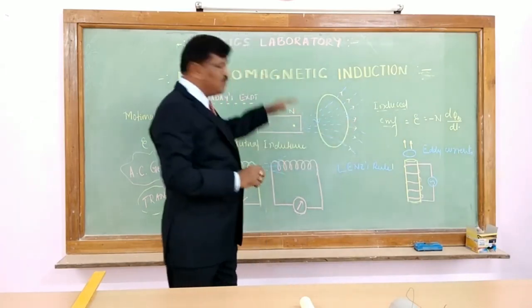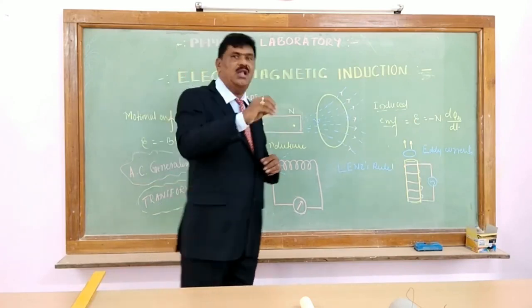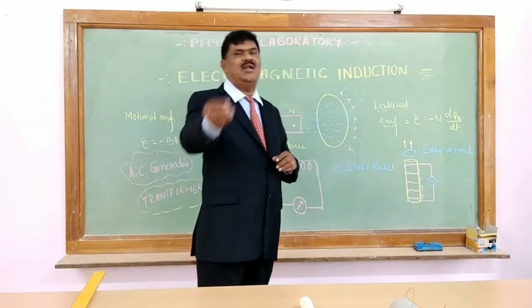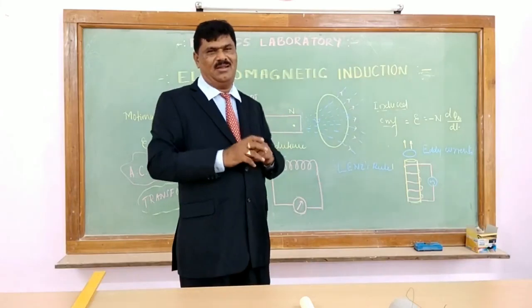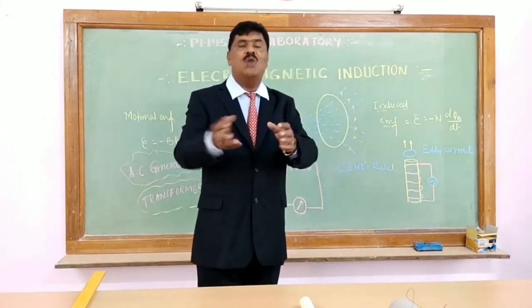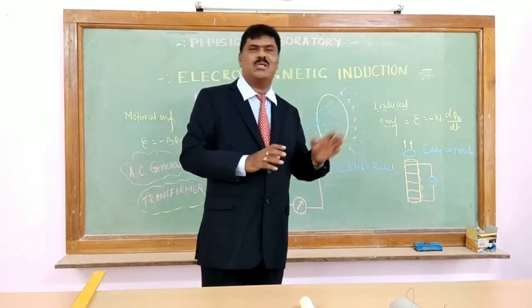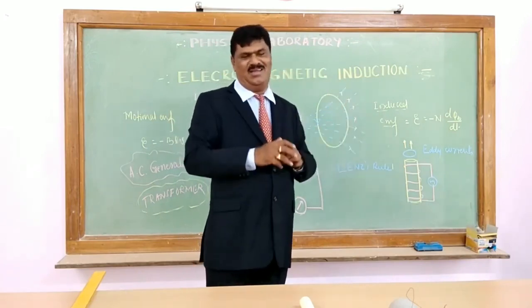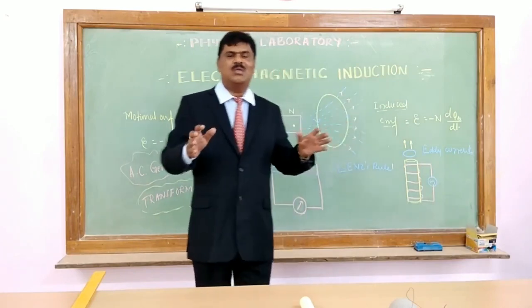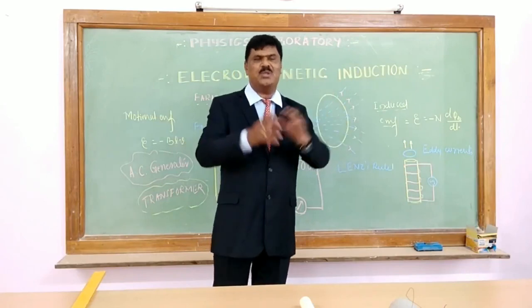So from the name of the chapter itself, you can understand that a magnetic field can induce a current in a conductor. That means a magnetic field is capable of producing an electric current in a conductor through a process called induction. Okay friends, this is exactly the meaning of electromagnetic induction.